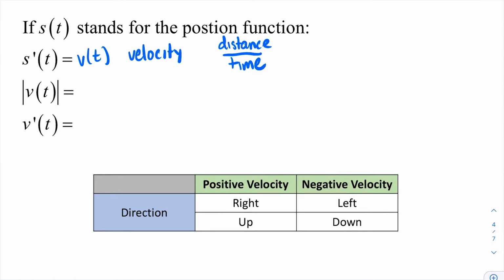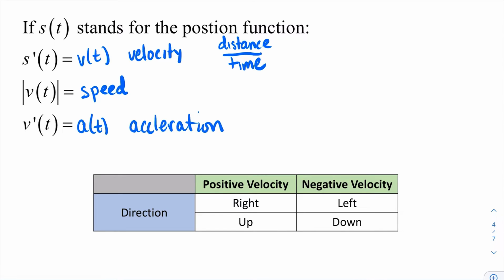The absolute value of velocity is speed. Think of your speedometer. That's what the absolute value of velocity is. And then v prime of t is acceleration. And don't make fun of me, I can't spell the word acceleration. So v prime of t is acceleration.